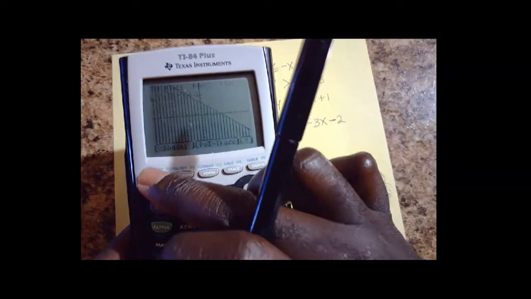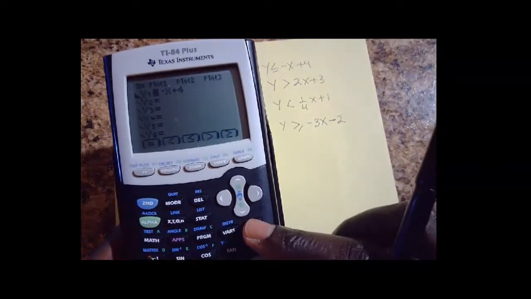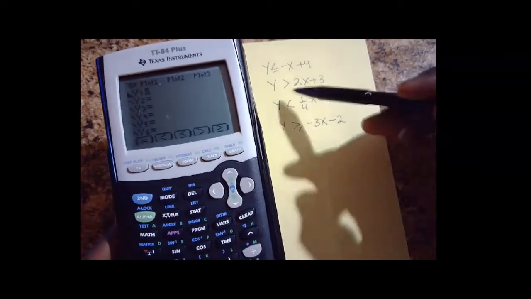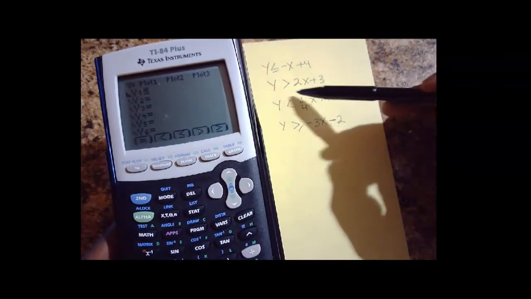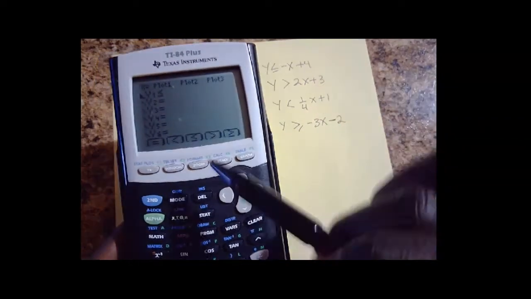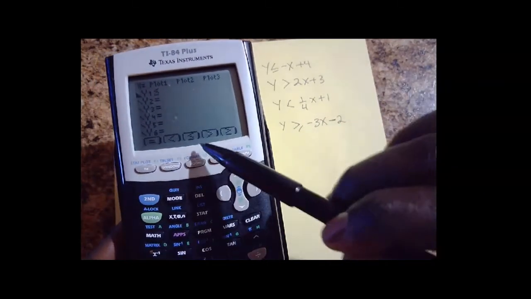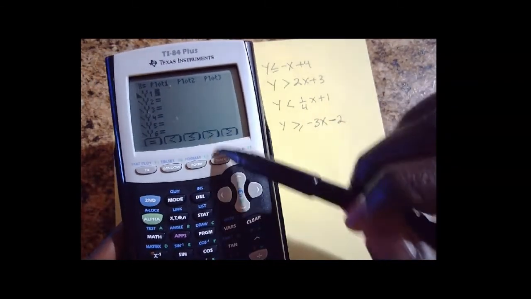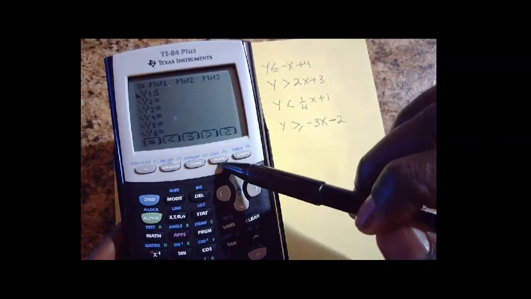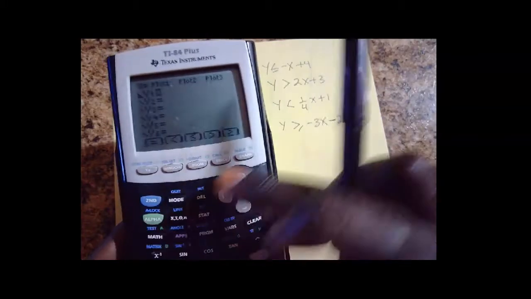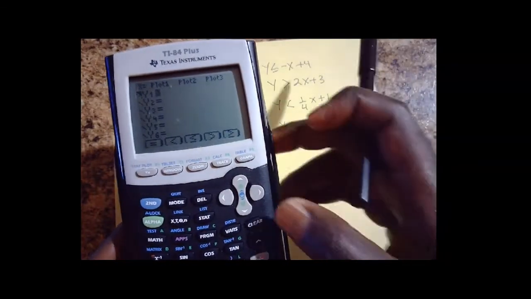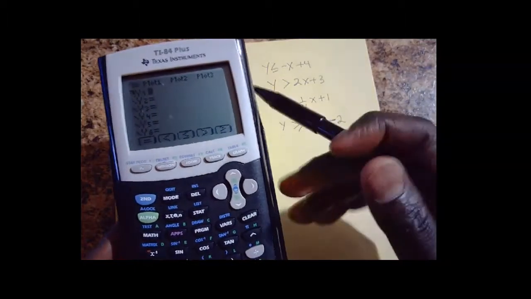Now let's go back to the plot, and then we clear it off, and the next one we want to do is y is greater than 2x plus 3. We need this one here, which is really down to the tree, so we go to the F and we pick it up here. So we realize that it has changed.